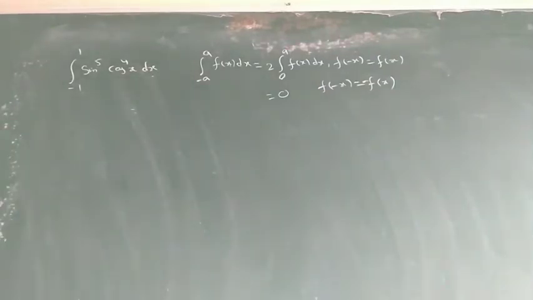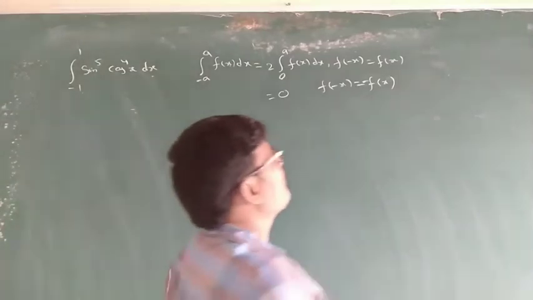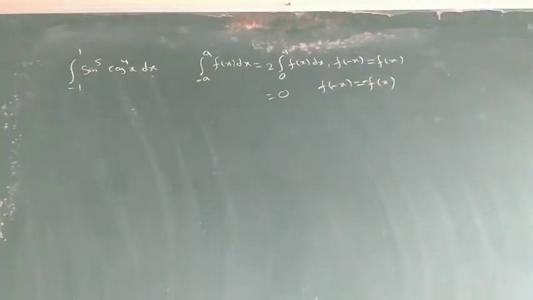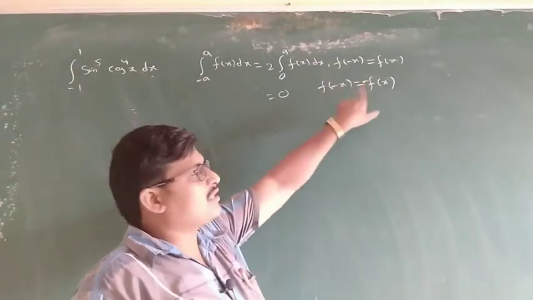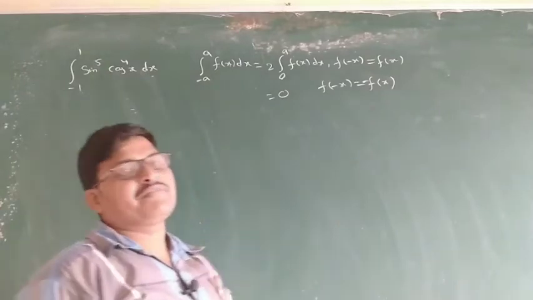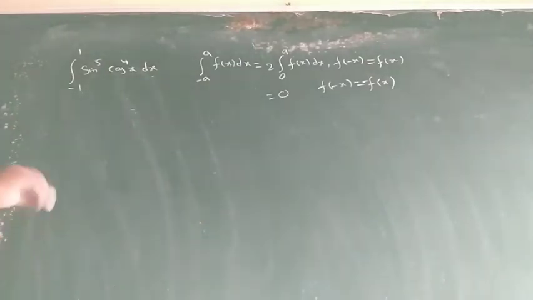What is an even function? f of minus x equal to f of x means even; f of minus x equal to minus f of x means odd function. So I have to calculate f of minus x. If that value is equal to minus f of x, the total value of the integration is 0.